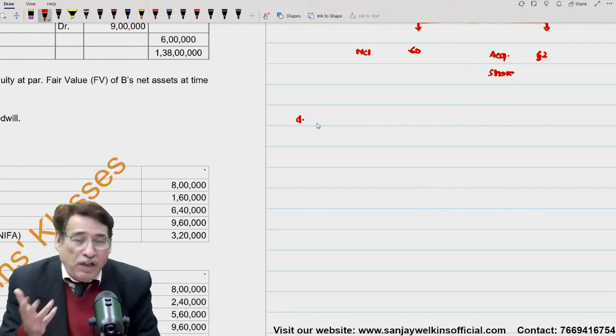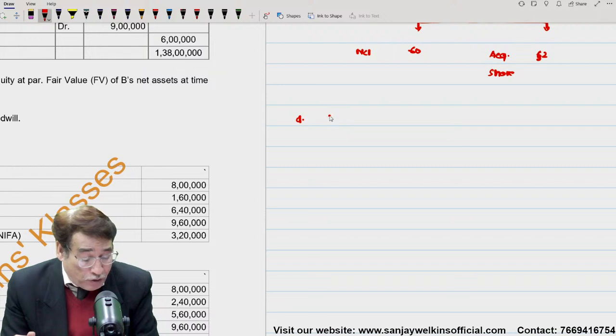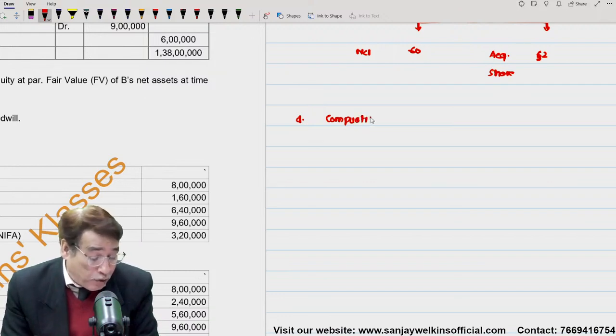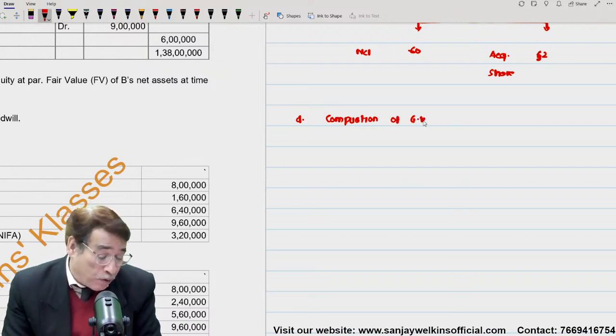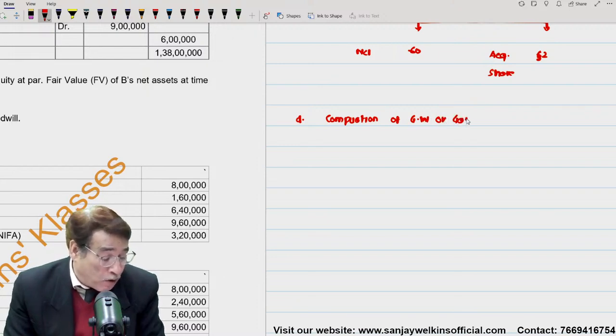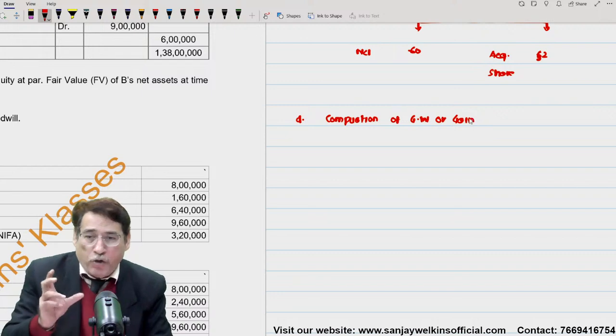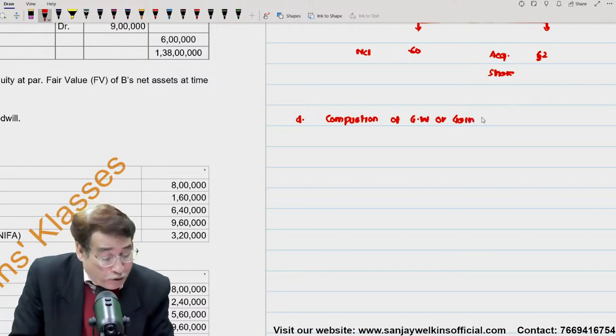The next point deals with computation of goodwill or gain on bargain purchase. Standard says that on the date of acquisition, the acquirer company must compute goodwill or gain on bargain purchase. Some small questions are definitely going to come in the examination out of this topic.